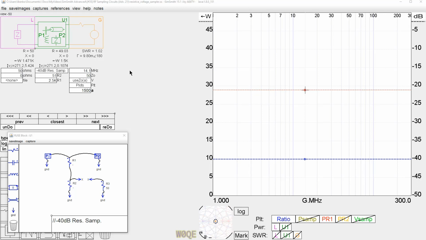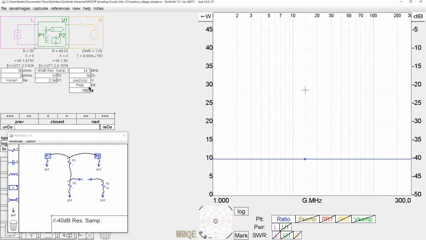As mentioned before, we'd like to have 40 dB of coupling, where the coupled port is 40 dB down from the actual voltage on the line. And through a little bit of math here, I came up with these two resistor values, and it shows us as being 40 dB down.